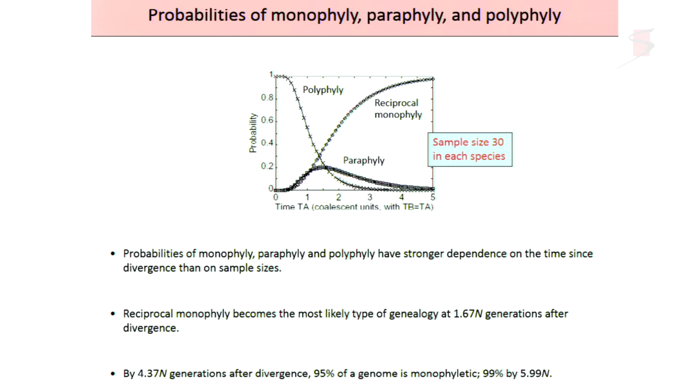By about 1.67 n generations, reciprocal monophyly is the most prevalent of the different types, and by 4.37 n generations, 95% of the genome is monophyletic, 99% by about 6n generations. So there's some predictions about how long it takes to get to reciprocal monophyly.